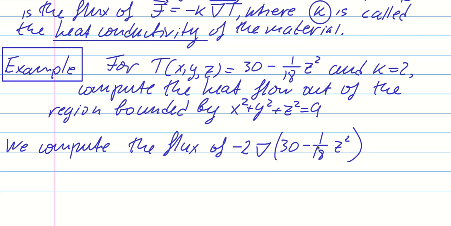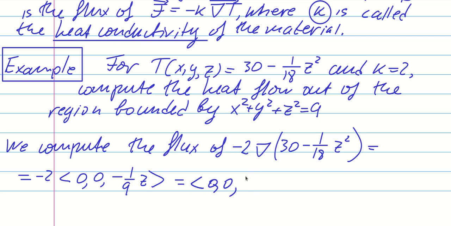Both derivatives will give you 0. And so we have negative 2 times 0 for the x component, 0 for the y component, and for the z component, it will be negative 2 over 18, which is negative 1 over 9 z. Okay, so we can distribute this number 2 through this vector: 0, 0, 2 over 9 z.